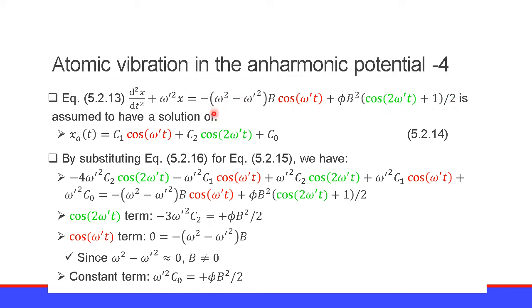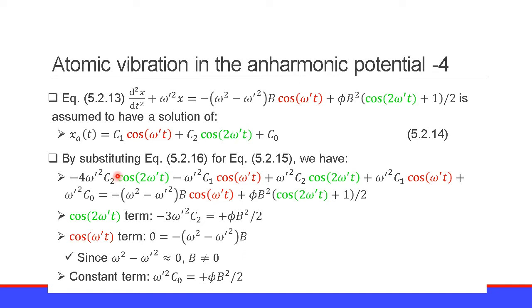On the left side of this equation is x and its derivatives, and the right side is composed of cosine omega prime t, cosine 2 omega prime t and a constant term. We assume the solution of 5-13 has a form of C1 cosine omega prime t plus C2 cosine 2 omega prime t plus C0, equation 5-14.